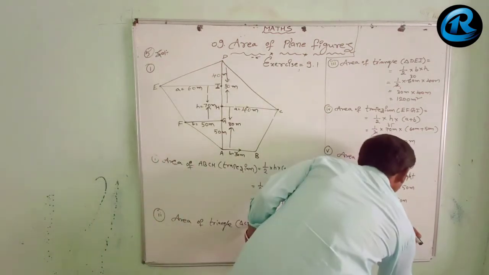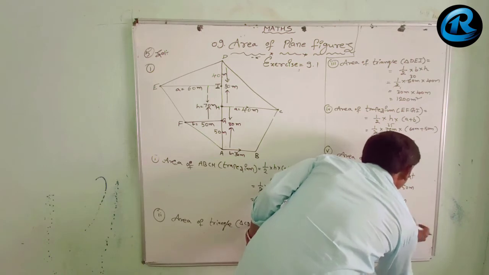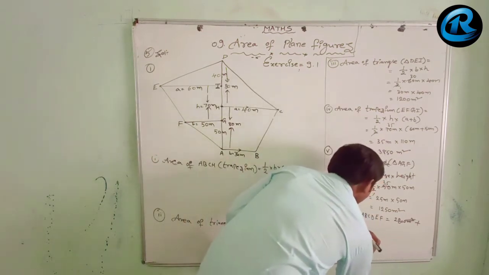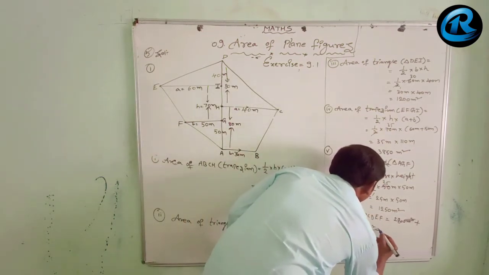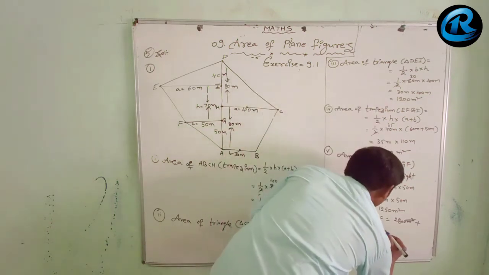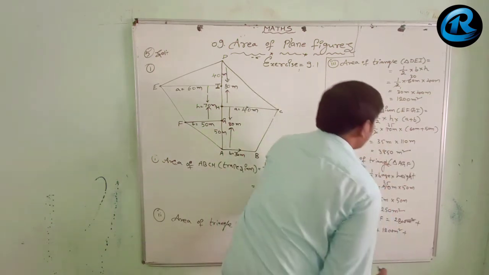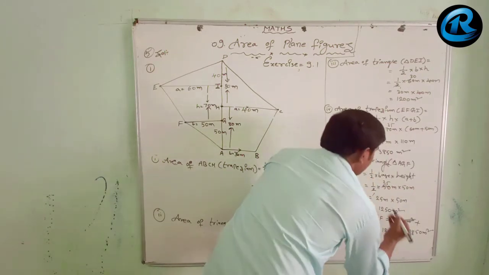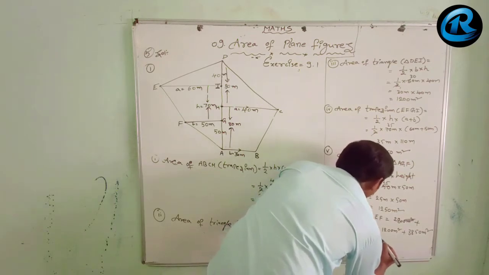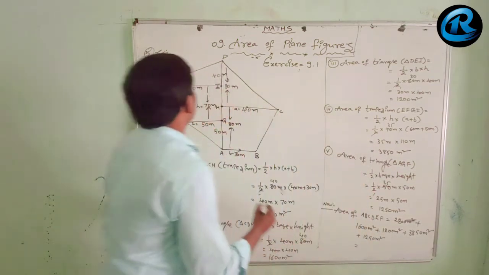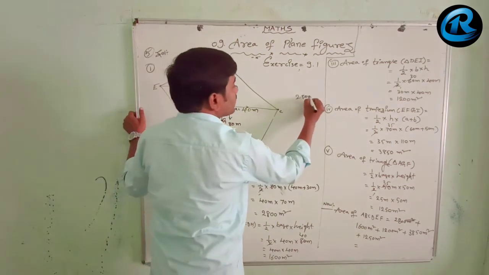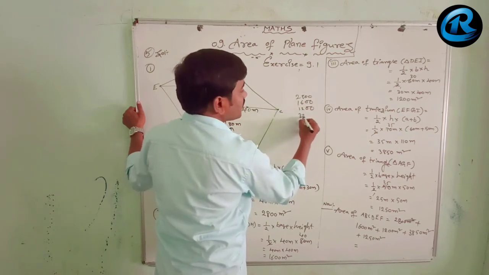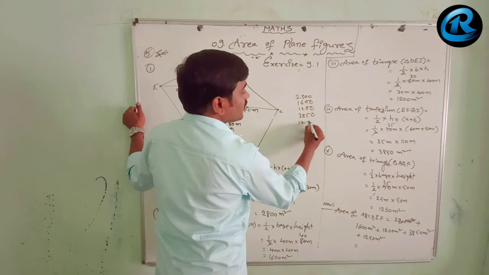Here what is that? 2800 meters square plus 1600 meters square plus 1200 meters square plus 3850 meters square plus 1250 meters square. Let us add all this. What do we get? See here 2800 and 1600, 1200, 3850 and 1250.